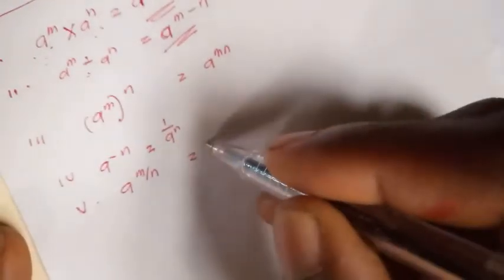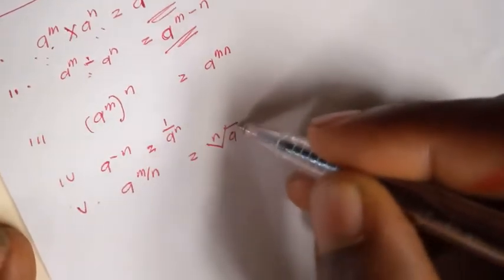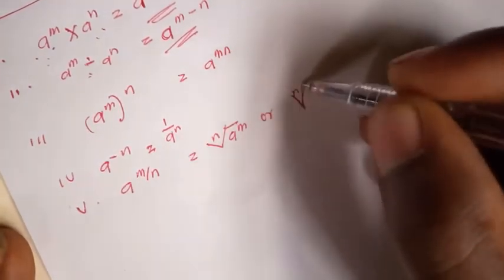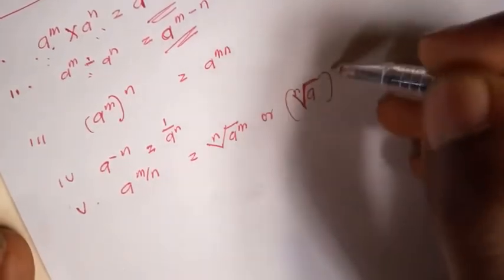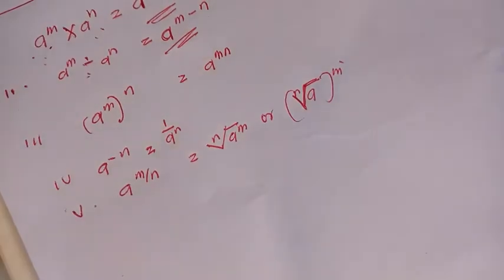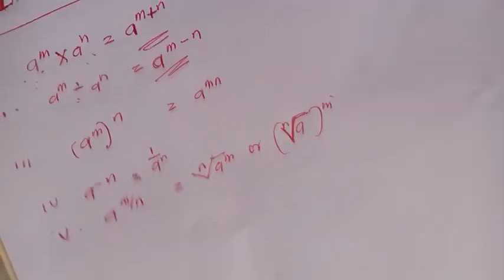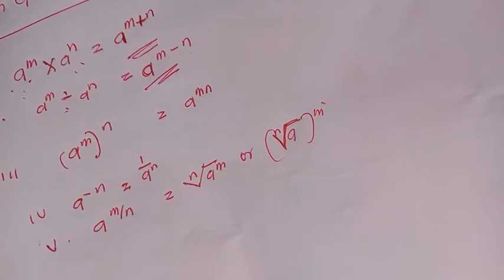So what we have is the nth root of a to the power m. Or, for example, the cube root of a to the power m. Hope you understand what we are doing here now. Quickly we are going to dive into some examples so we understand what we are talking about.